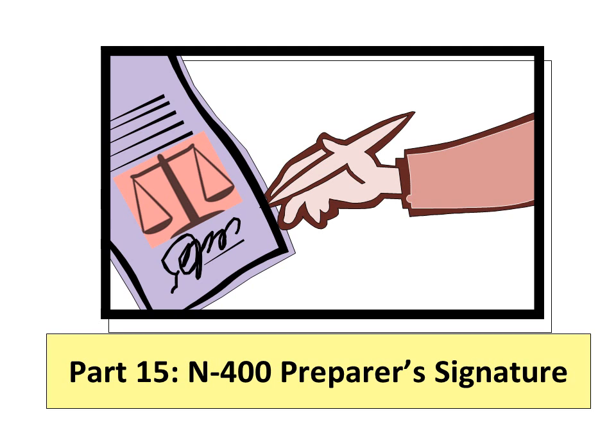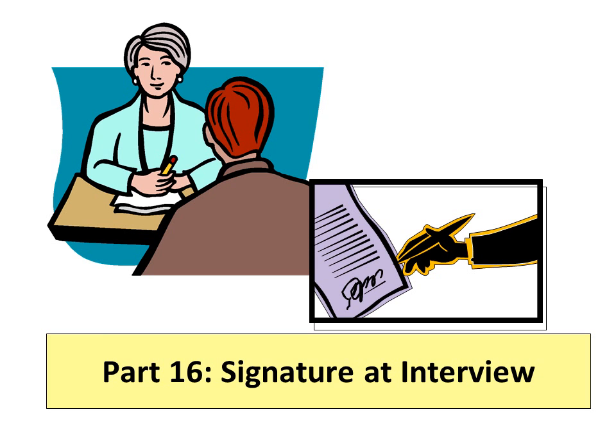Part 15, they're going to ask if you've had any help preparing the N400, for example, a legal service such as Siren or IRC or Catholic Charities. If somebody helped you, they should fill out this section of the N400. If you did not have any assistance, that person does not have to fill out this section.